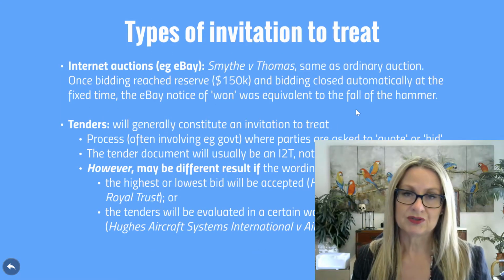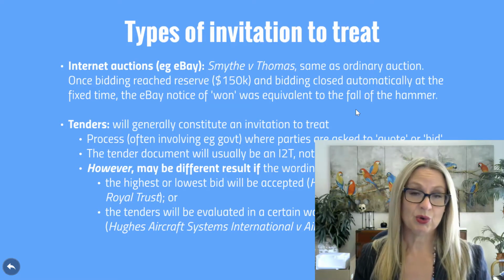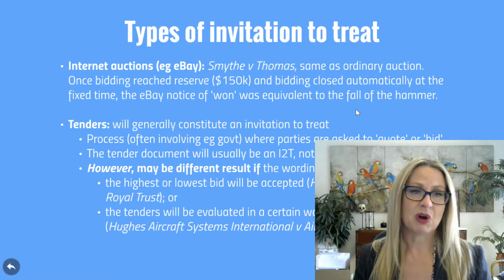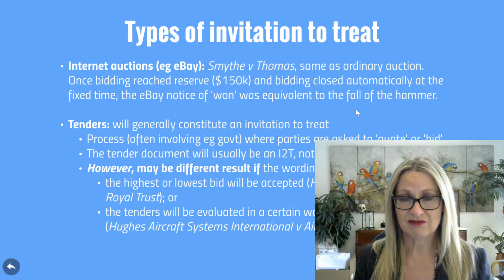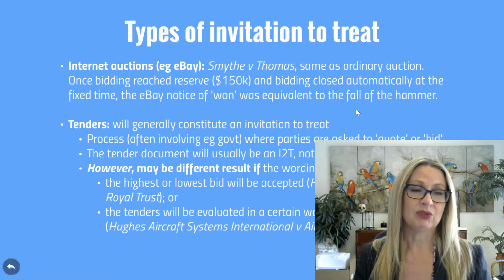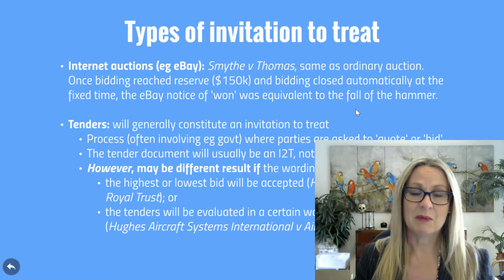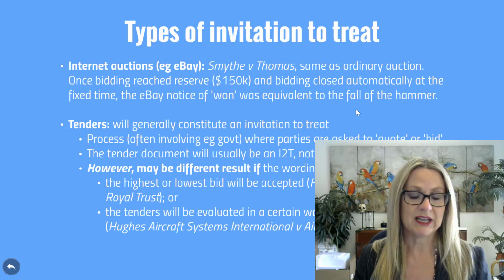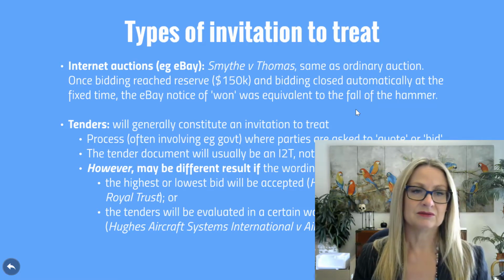So internet auctions really aren't treated any differently to normal auctions. The likes of eBay don't really change things a whole lot. Smythe and Thomas just shows us that principle. A rather large amount there, $150,000, was paid for a plane, and the ordinary auction principles were applied.